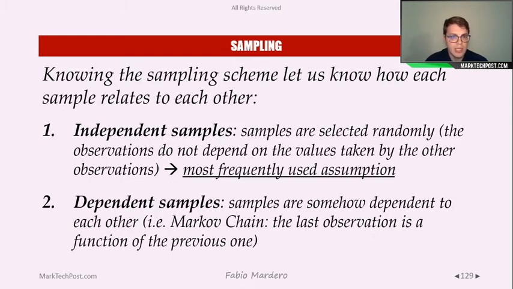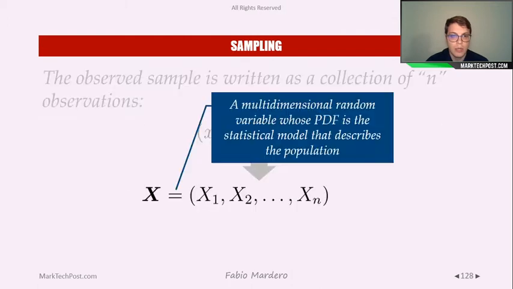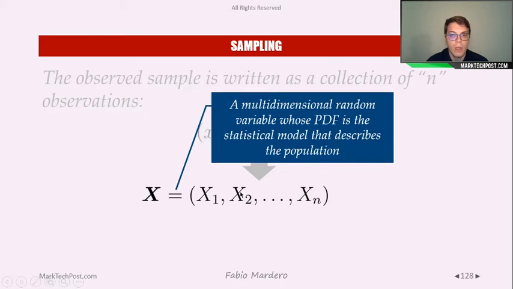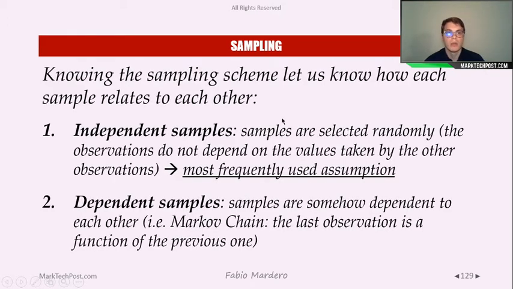So, let's look back here: right now we will talk about the sampling scheme, then we will approach statistical inference. When talking about the sampling scheme, knowing how it's done, we will be able to characterize our observed samples a little better.